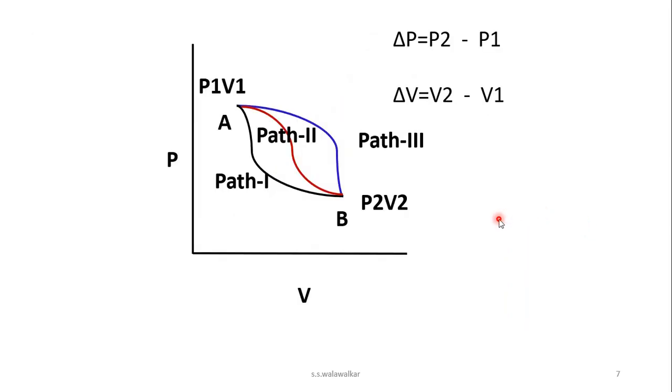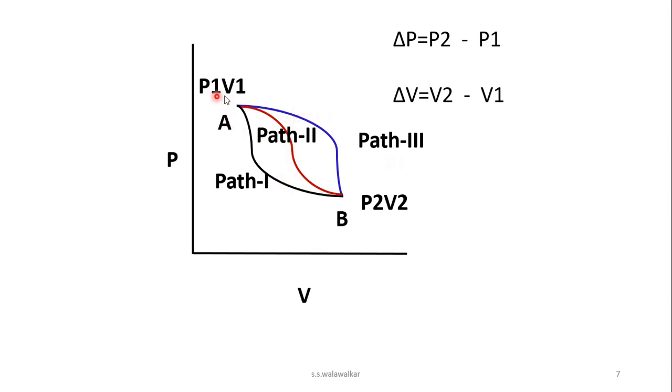Another example, suppose a system is in a state A and it changes from state A to state B. When it is in state A, its pressure is P1, volume is V1. And when it reaches state B, its pressure becomes P2, volume becomes V2. And there are three ways to attain this final state: path first, path second, and path third.